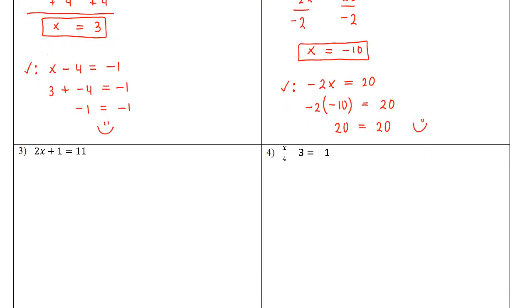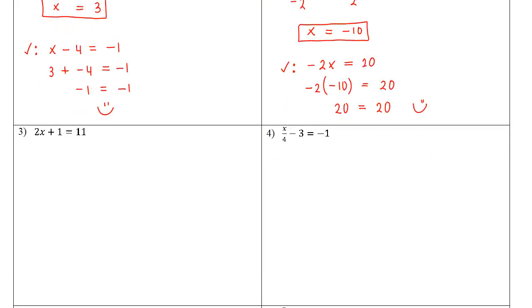For number 3, I have a two-step equation, so there are two things I'm going to have to do to isolate my variable on the left side. The equation is addition, and so I don't have to rewrite it because it's already addition, but I am going to rewrite it so that I'm not working off of the original. So I do need to isolate my variable term on the left side, and in order to do that, I'll want to add the opposite of positive 1 to both sides.